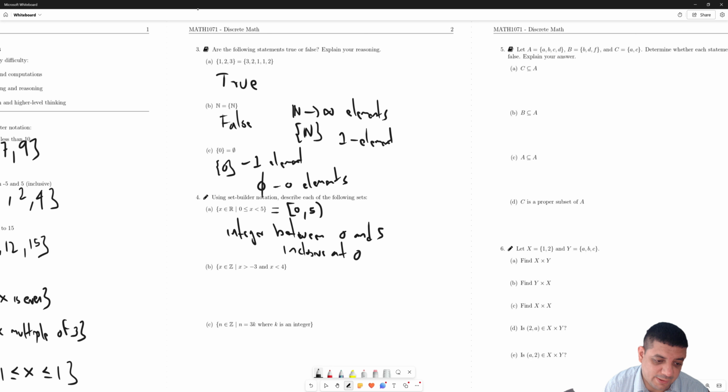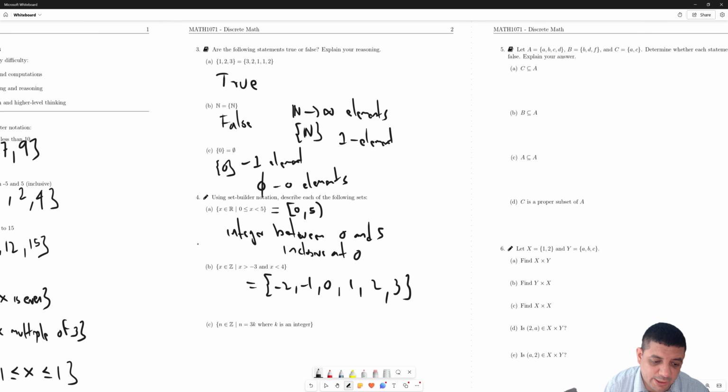For this one, we can say this is the integers that are bigger than -3 and less than 4. Or this would be equivalent to just a couple numbers here. We can actually list them. We can say this is -2, -1, 0, 1, 2, and 3. And this will list all the elements in here. So that will be a pretty good description.